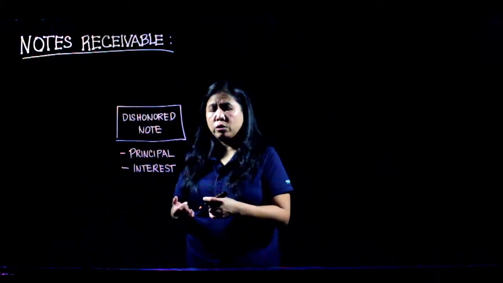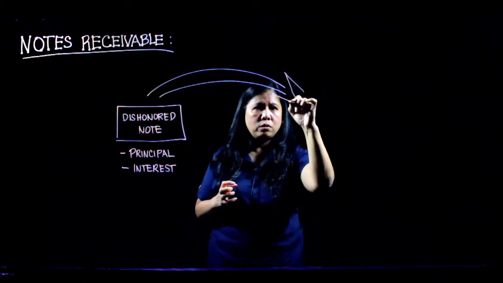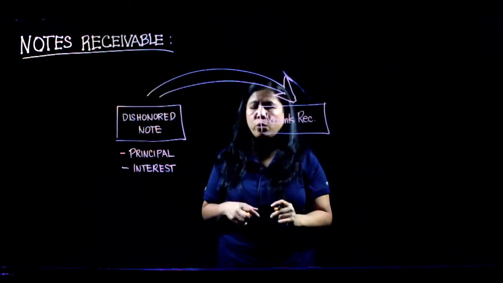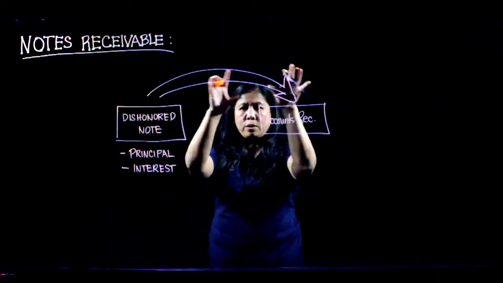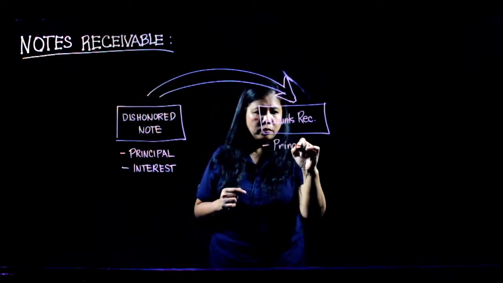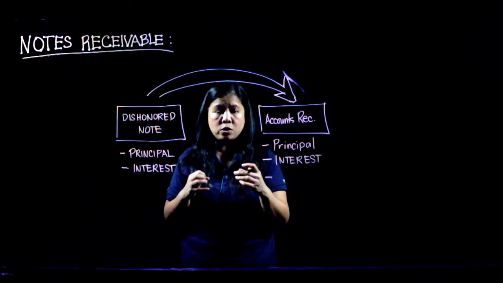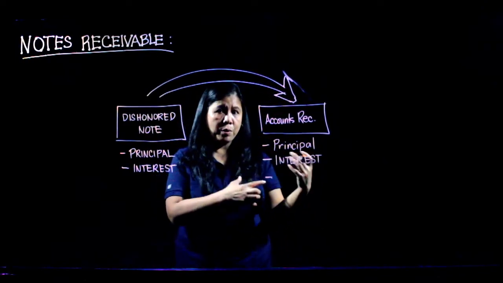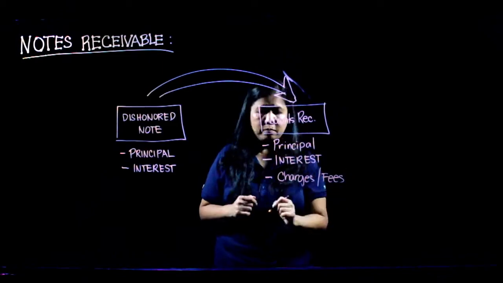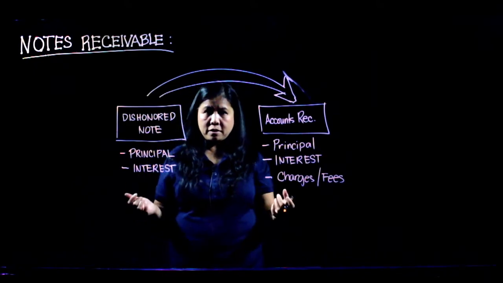What we do with the dishonored note is we transfer it into accounts receivable. So when you transfer a dishonored note into accounts receivable, the accounts receivable now will have the principal, the interest, and any fees or charges by the company to the maker of the promissory note. This is what you do when a promissory note is not paid on the maturity date.